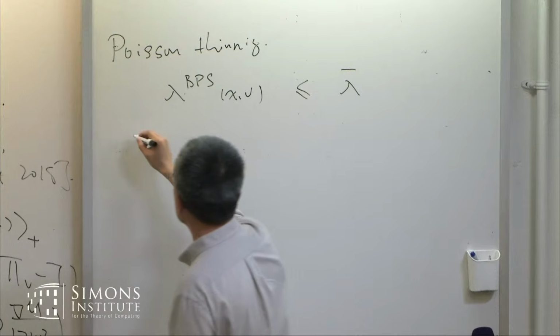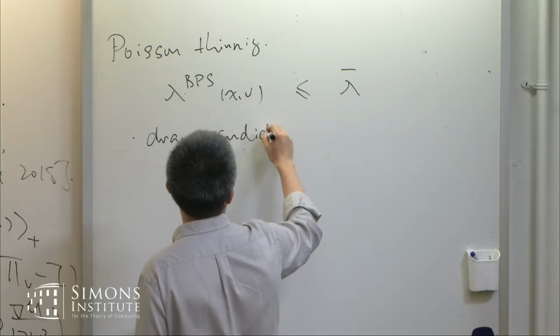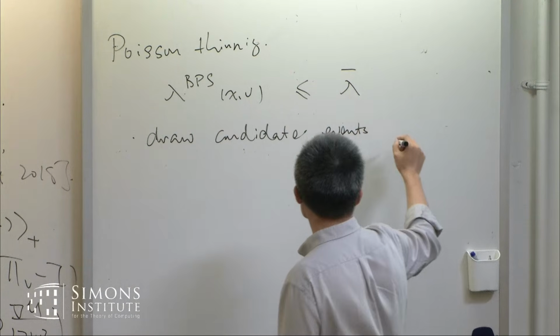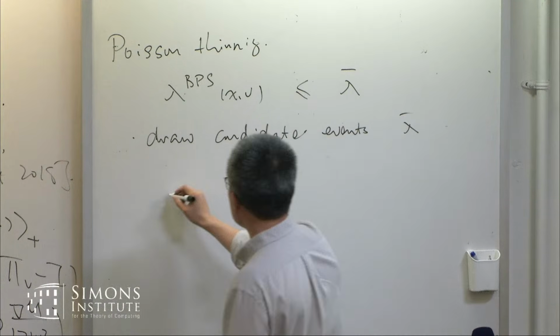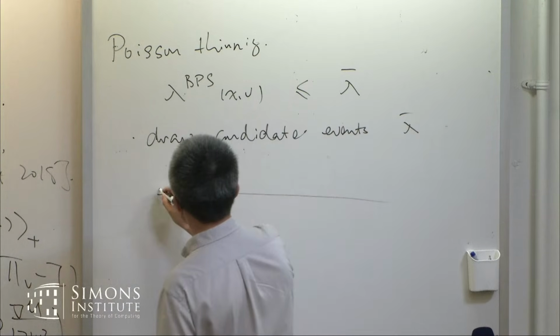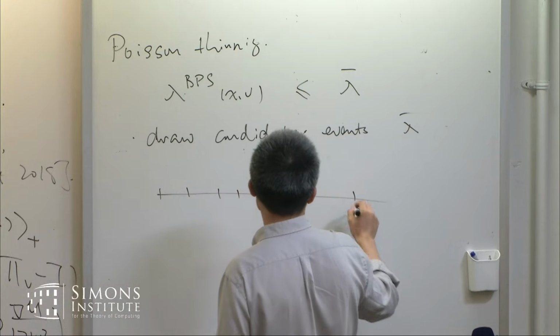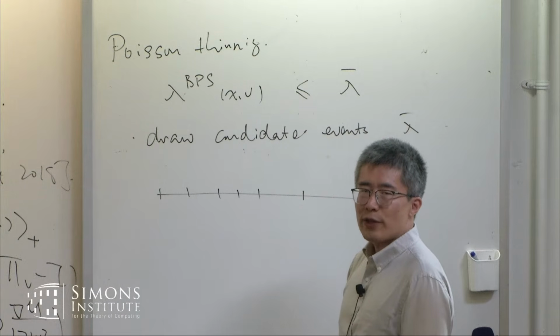So you draw candidate events according to this larger rate, using lambda bar. Let's say this is time, and this is where these larger-rate events land. These are the candidate events that you have. And then you do a thinning.